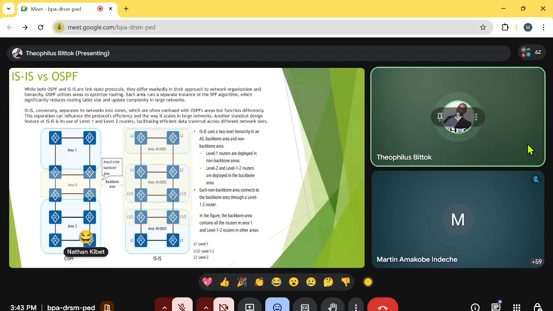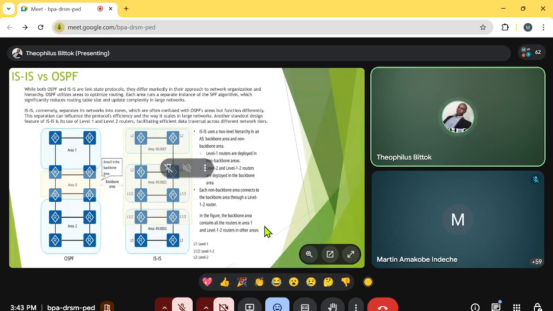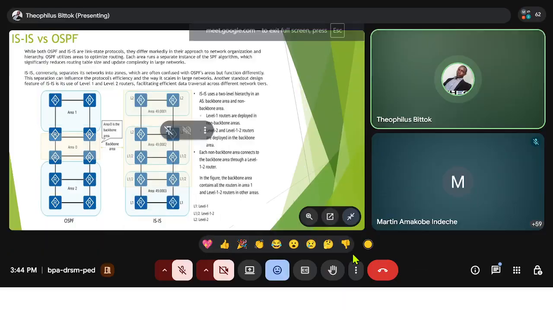So we are now going to see a comparison between ISIS and OSPF. Remember, we mentioned when we were starting the presentation, ISIS is a link state protocol, and OSPF is also a link state protocol. And they both use SPF when doing the route calculation.